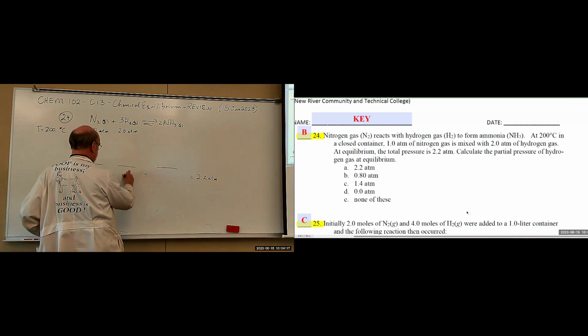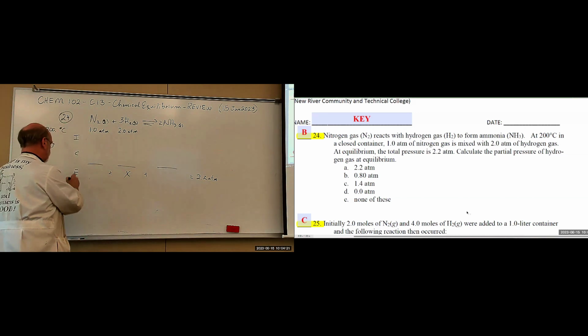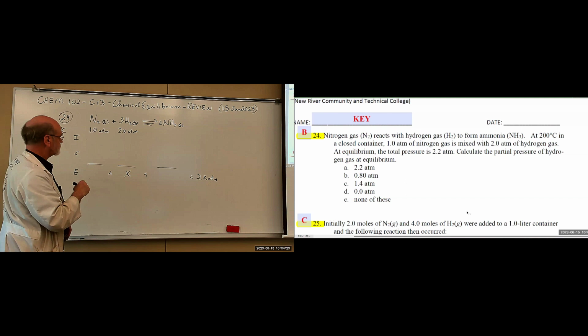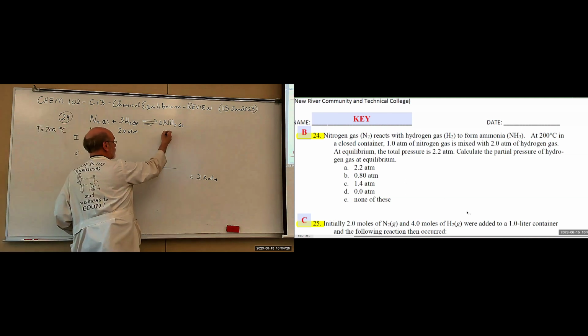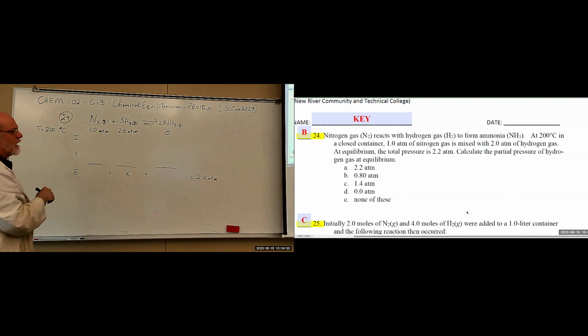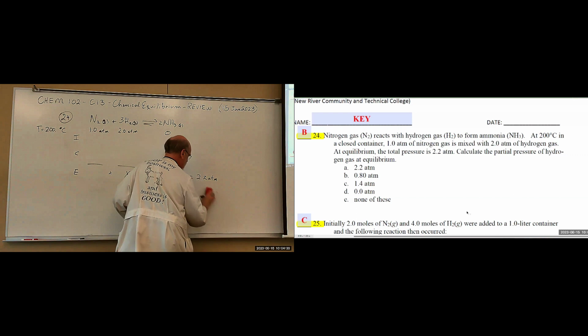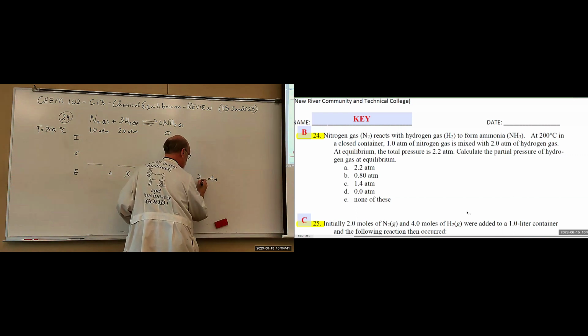So this is the one we want. What's the partial pressure of hydrogen at equilibrium? All right. Ammonia is 0 to begin with, isn't it? Yep. All right, we're not given the K value, but we are given this. Let me write that a little better.